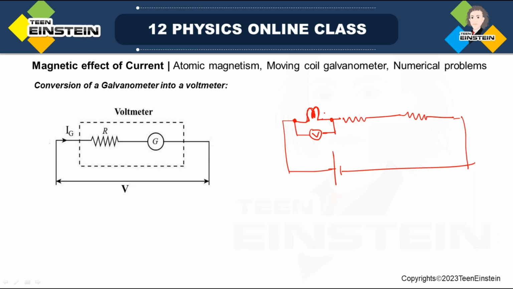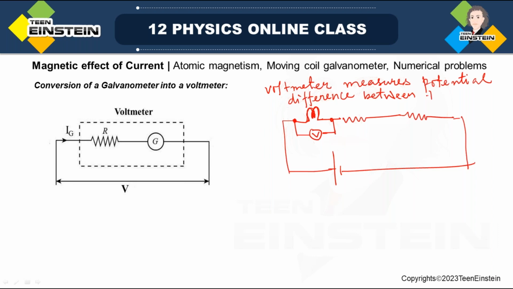So actually a voltmeter is a measuring device. It measures the potential difference between two points in the circuit.